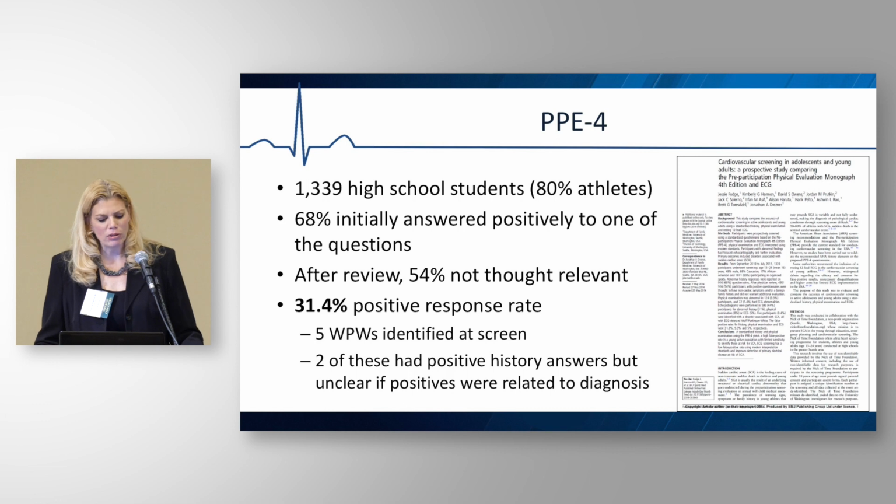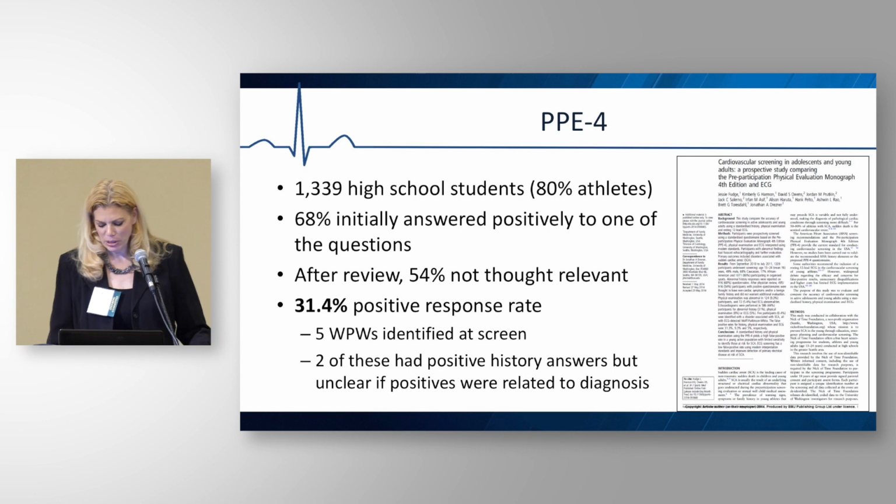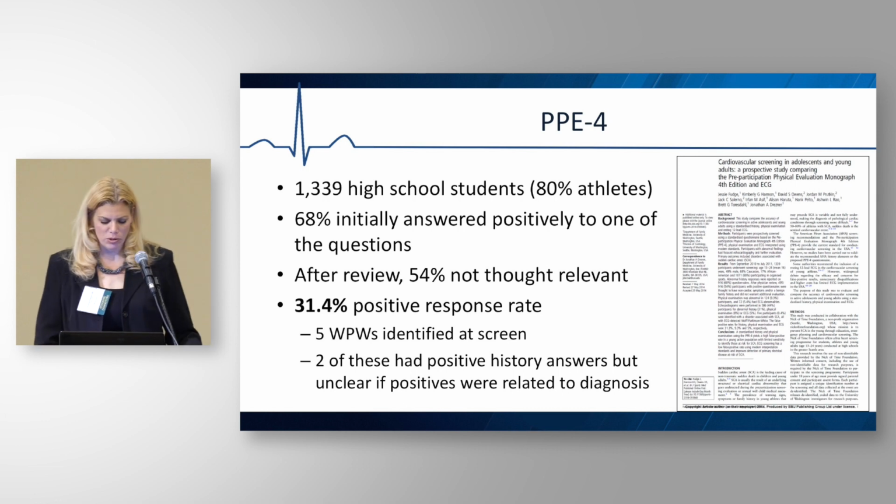And we ended up with an overall positive response rate of 31%, which for a screening questionnaire, you don't want that many yeses. You want yeses in the things that are important. In that particular cohort, 5 WPWs were identified, and 2 of them had positive histories, but it was really unclear whether they were actually related to the diagnosis.